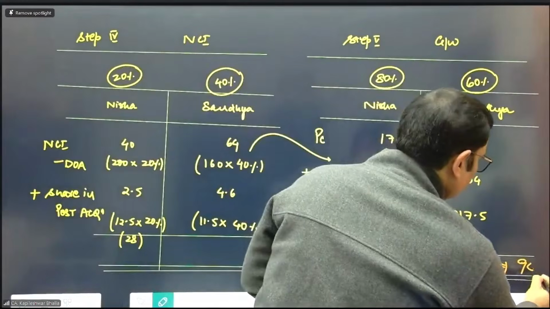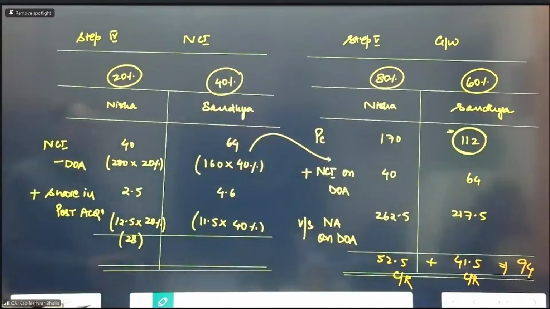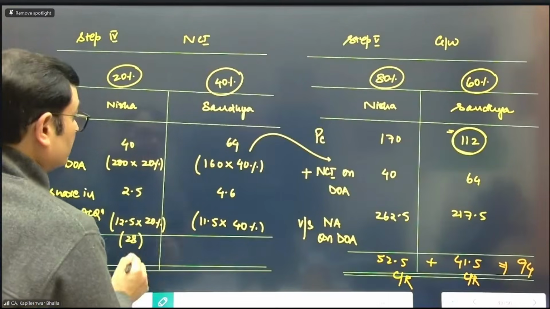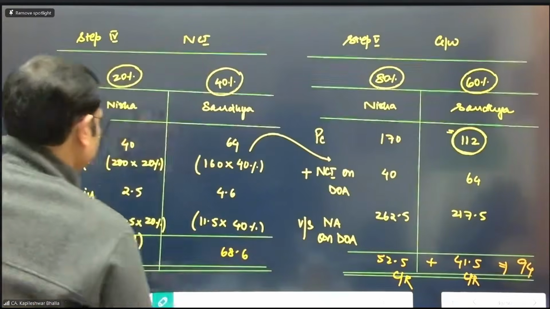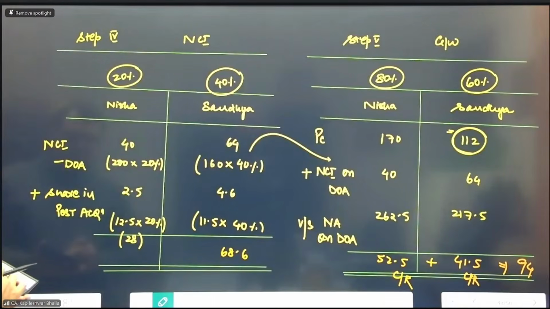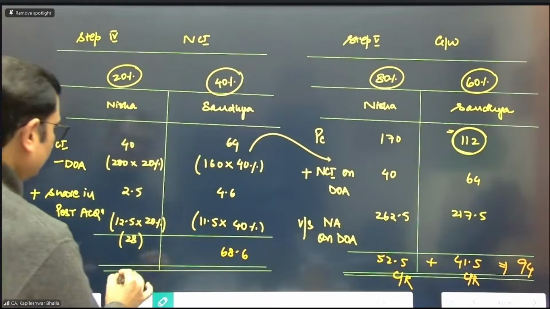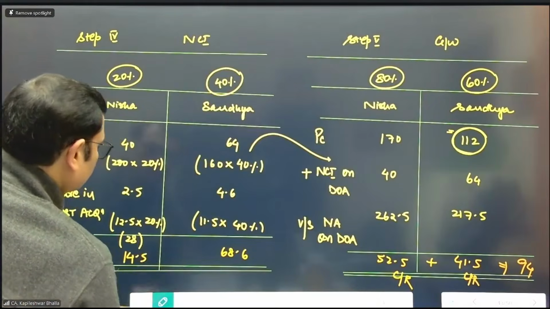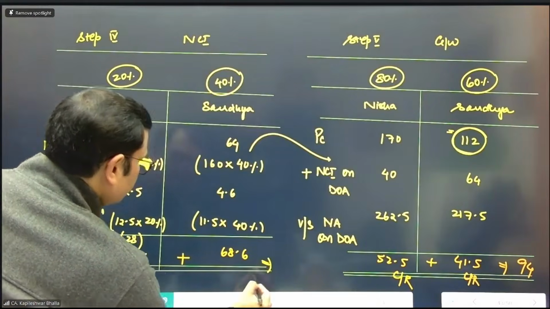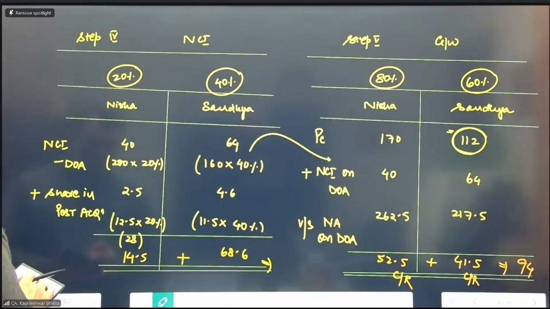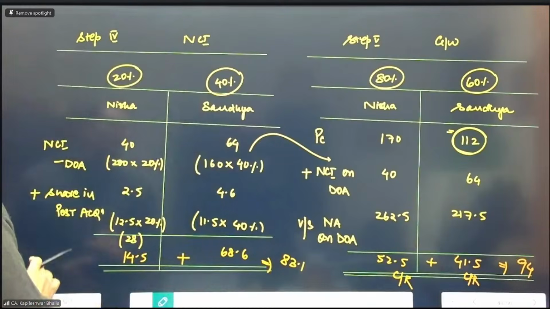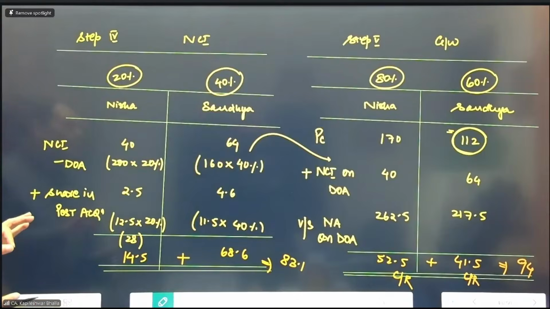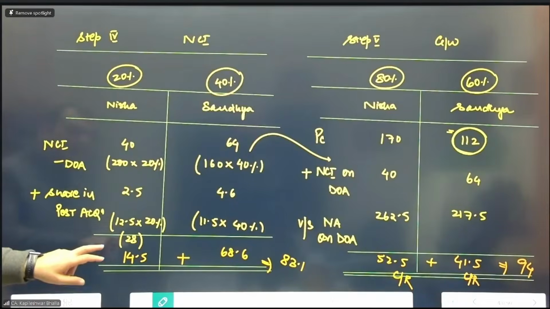The total capital reserve comes to 94. Let me do the calculations, then I'll explain this in detail. So this is going to be 68.6 and this is going to be 14.5. Let me just add this up as well. That comes to 83.1.